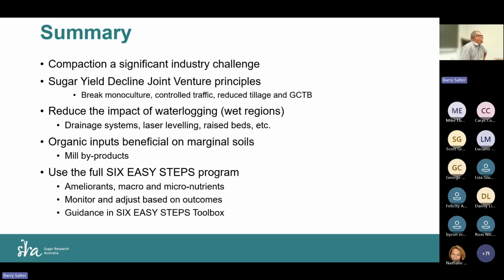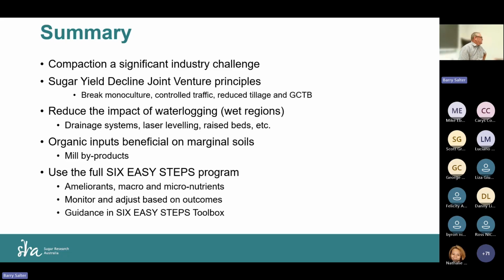I've definitely gone over time, but to summarise all of that, I clearly think that compaction is a significant problem. I fully support the yield decline joint venture principles, and we should always keep those in mind: breaking the monoculture, controlled traffic, reducing tillage and trash blanketing. I think we need to try to reduce the impact of waterlogging, particularly in the wet regions, with things like drainage systems and laser leveling.